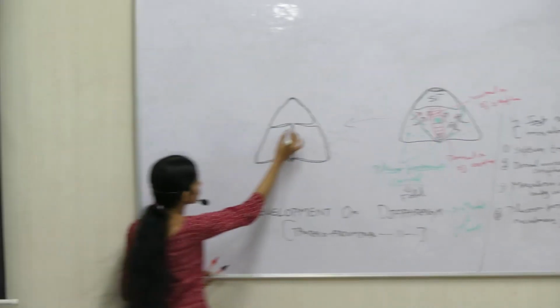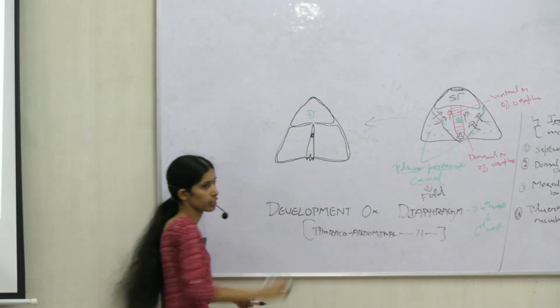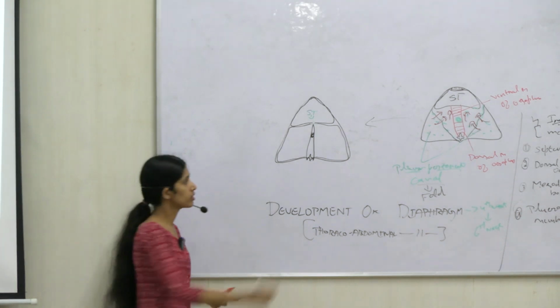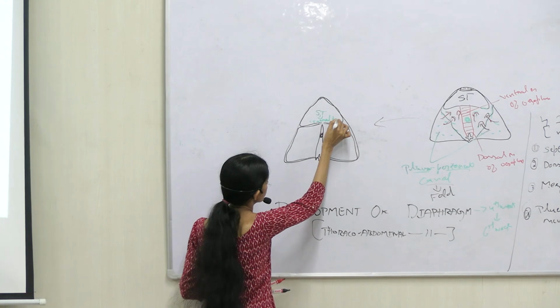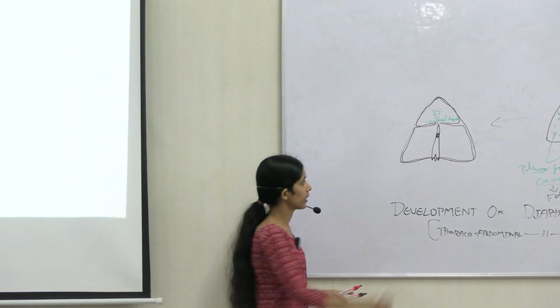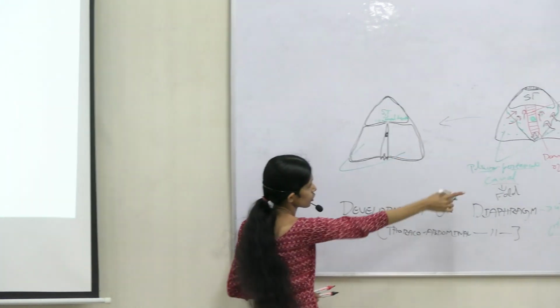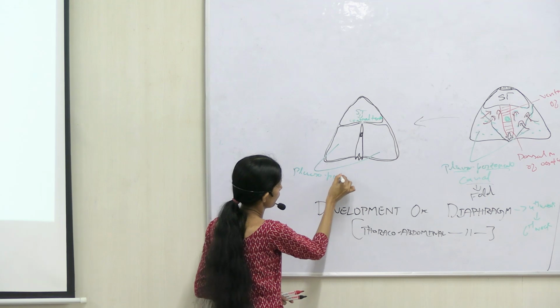Now this is the septum transversum, which is later going to develop as your central tendon. And next, this whole part is your pleuroperitoneal membrane now.